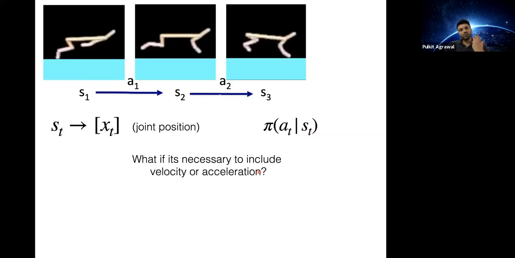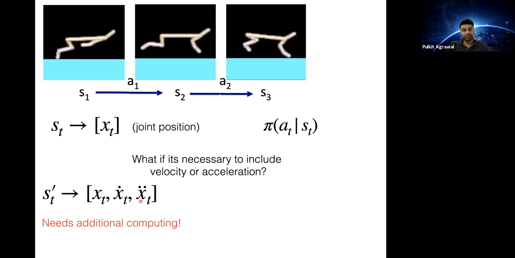Now, this is something we briefly talked about earlier also. So what if it is necessary to include velocity or acceleration as part of the state space? What can we do in that scenario? One possibility is that we can expand upon the state space and make it explicitly include the velocity and the acceleration terms.